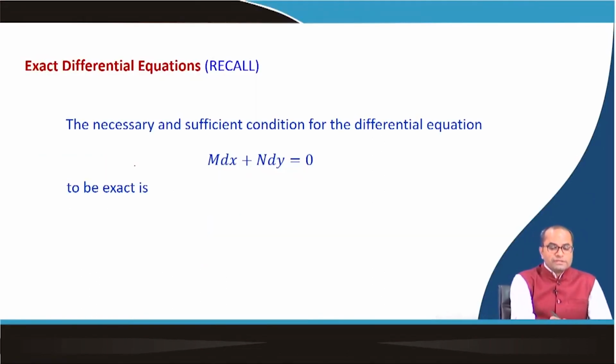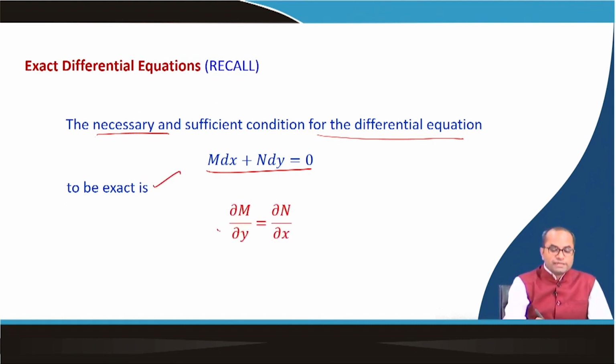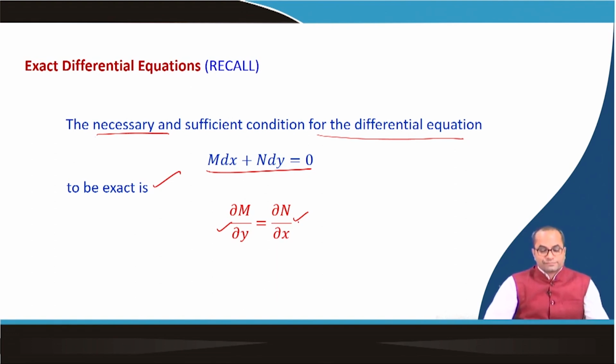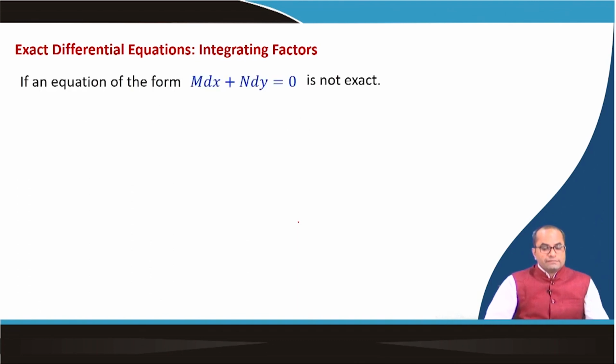So, just to recall, the necessary and sufficient condition for the differential equation M dx plus N dy is equal to 0 to be exact was del M over del y is equal to del N over del x. So, what is the integrating factor?